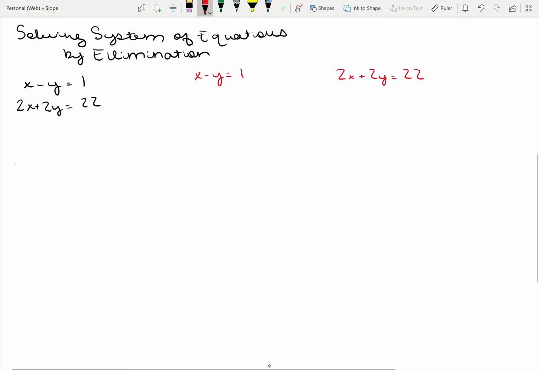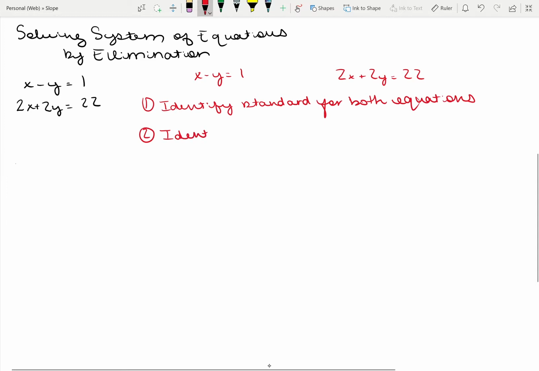Now, step number 1, identify standard form for both equations. So are both equations in standard form? Yes, they are. So let's go on to step number 2.